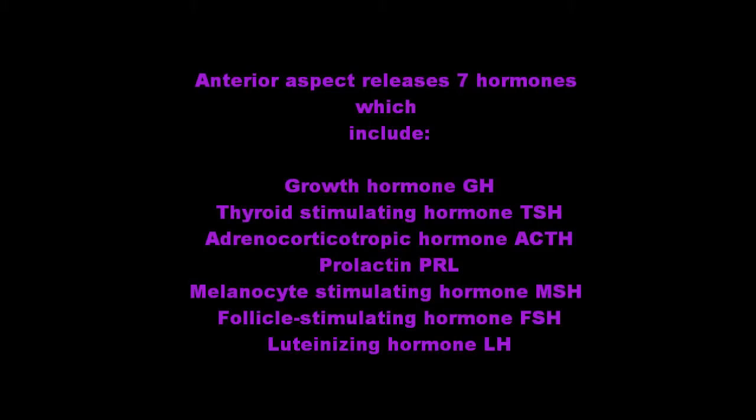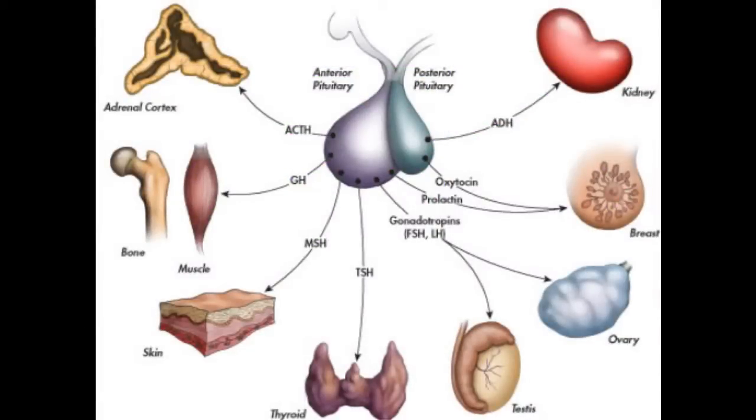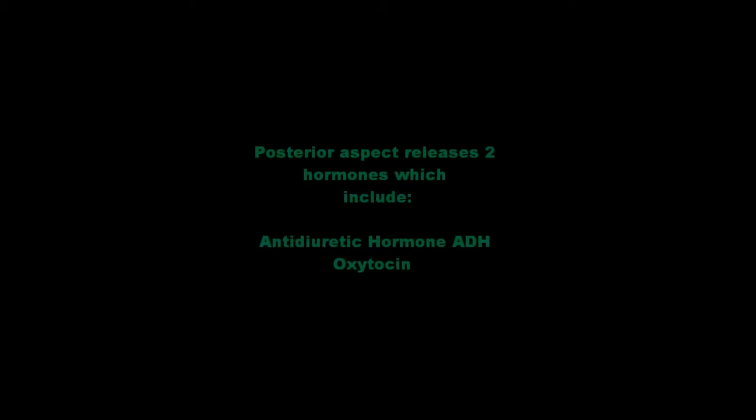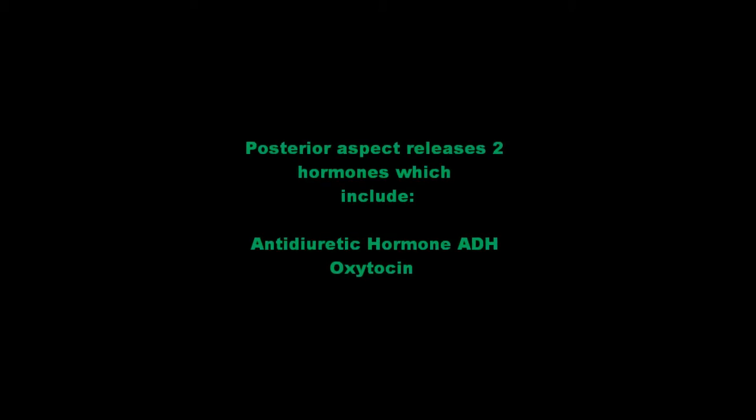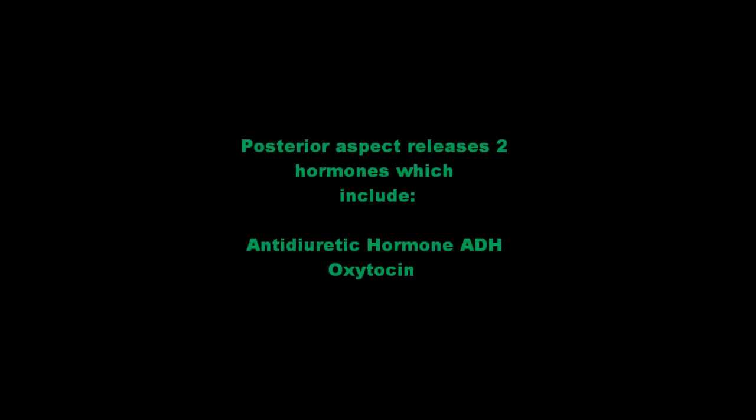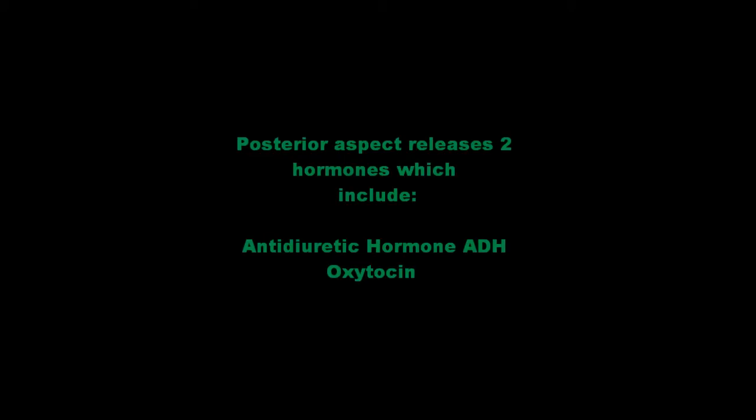These hormones are growth hormone, thyroid stimulating hormone, adrenal corticotropic hormone, prolactin, melanocyte stimulating hormone, gonadotrophic hormone, which is characterized as follicle stimulating hormone and luteinizing hormone. The posterior aspect releases 2 hormones, which include antidiuretic hormone, ADH, and oxytocin.